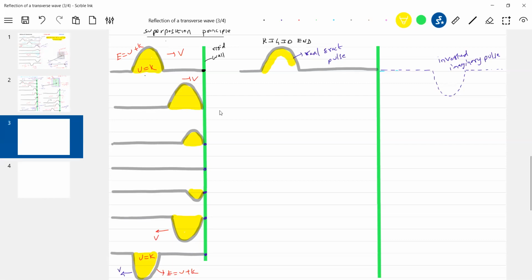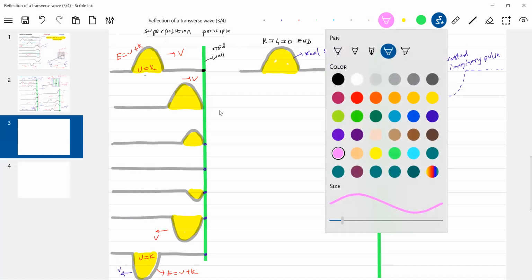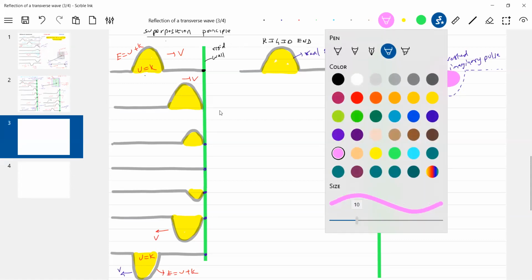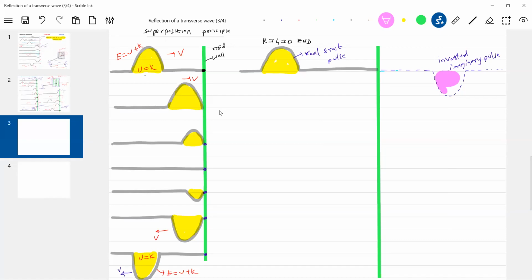Now, what is it suggesting? What is that pink color?